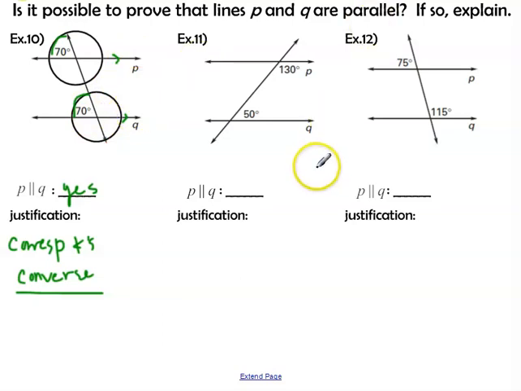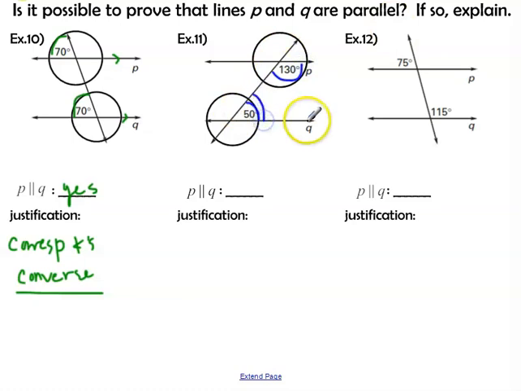Let's try the second one together. If we draw the circles, again, just for visual aids, okay, let's talk about these angles. We have 130 here, and 50 is a different measure. Now they're both inside the two lines, and they're on the same side of the transversal, so we're talking about consecutive interior angles.